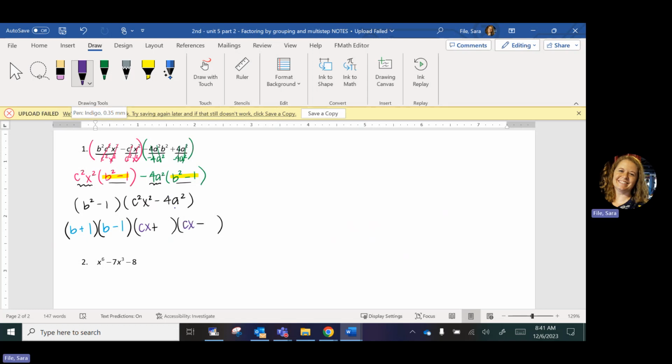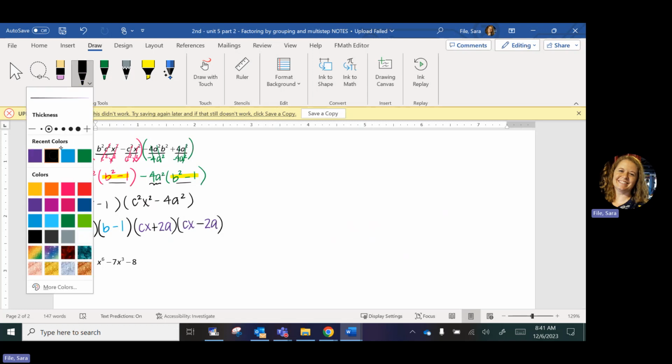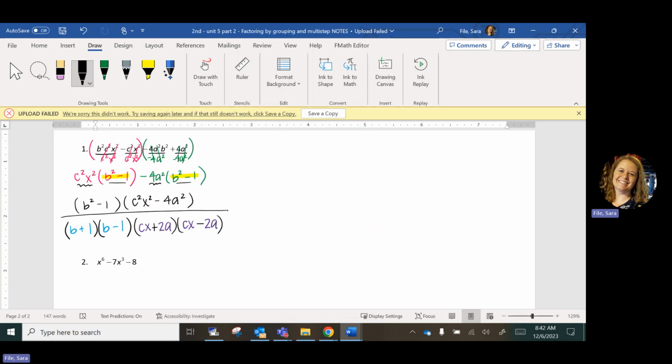What's the square root of 4? 2. So 2a. Now, none of those can be factored any further because none of those are squares or cubes or anything like that. There's no powers left on any of those variables. So that's as far as I can take it.